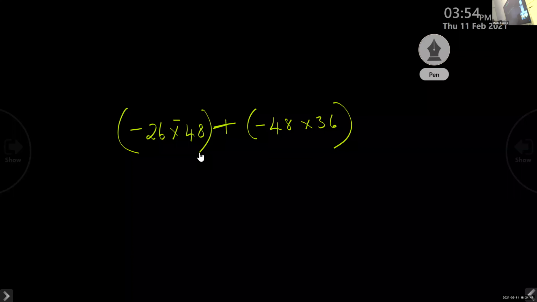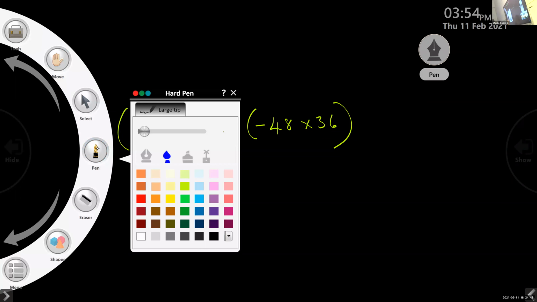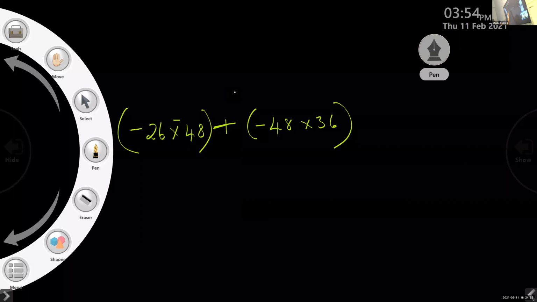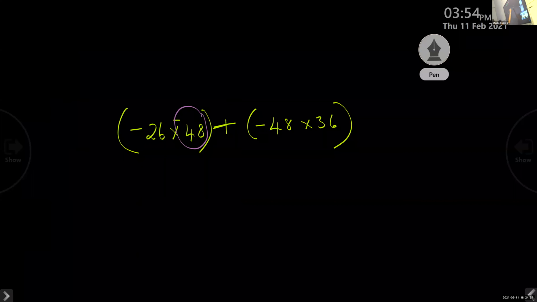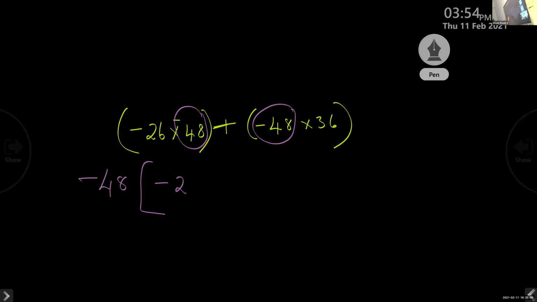Here, which number is common? Negative 48 is common, so we will take negative 48 out. Now what is remaining in the bracket? Negative 26 plus 36.